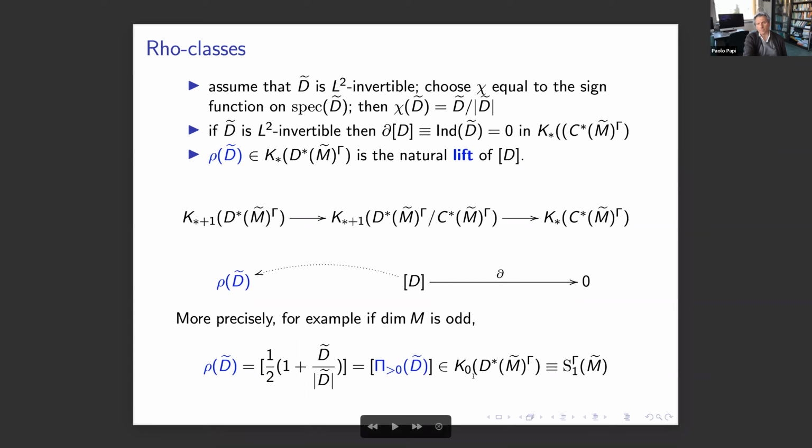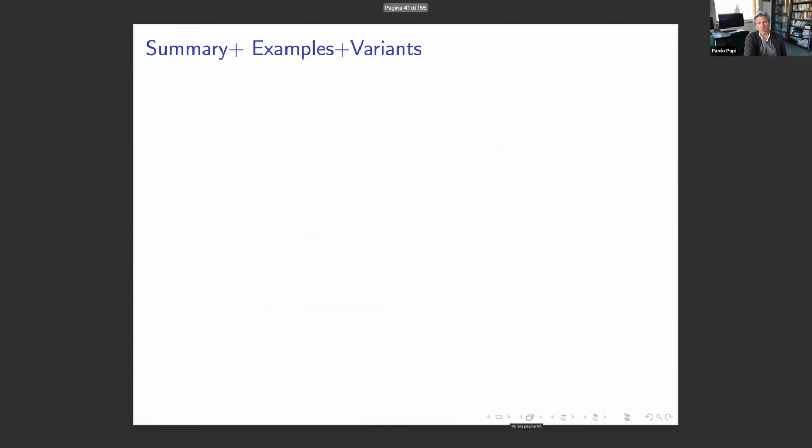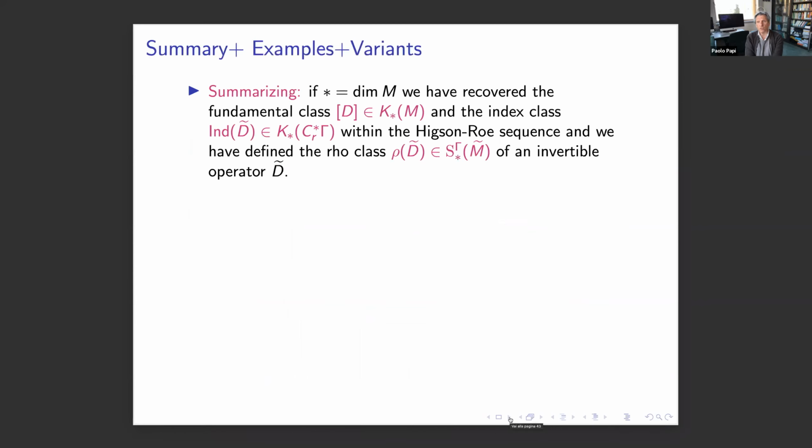Now, this class is the Roe class, so let me summarize what we have done so far. In the Higson-Roe sequence, we have recovered the fundamental class, the index class of D tilde, the lifted operator, and we have this new class, the Roe class, in this analytic surgery group.